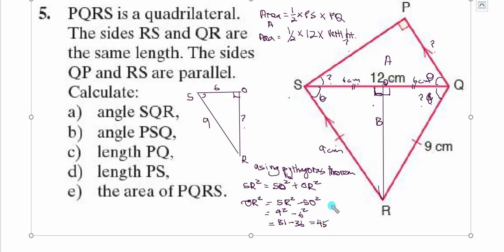Now therefore OR is actually square root 45. We do not need to find this value. Just keep this value. Afterward, when we want to find the area of this, we're going to use the OR, then only we calculate. So we got the length.